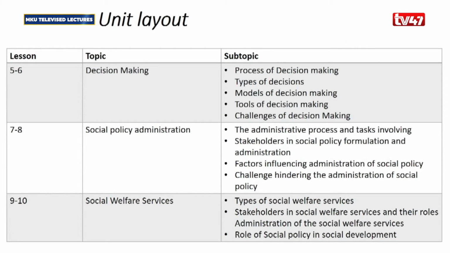So we'll be looking at some of the models that exist when it comes to making decisions. We'll also be looking at the types of decisions you can make when it comes to social policy and administration.